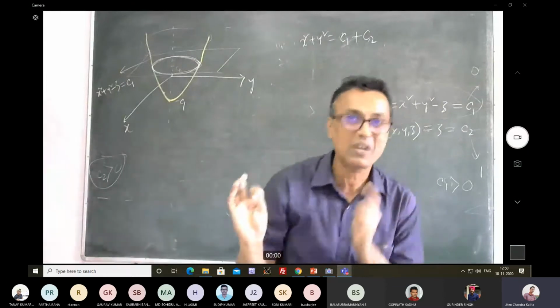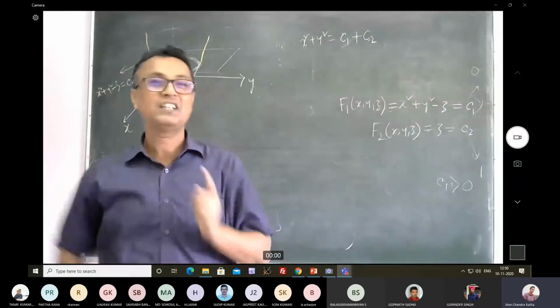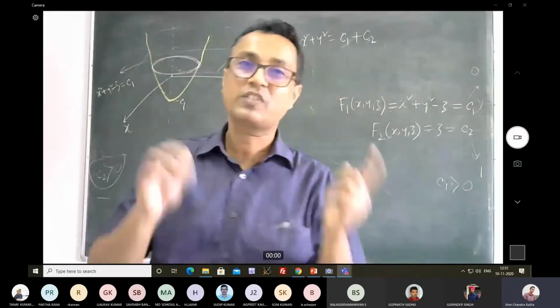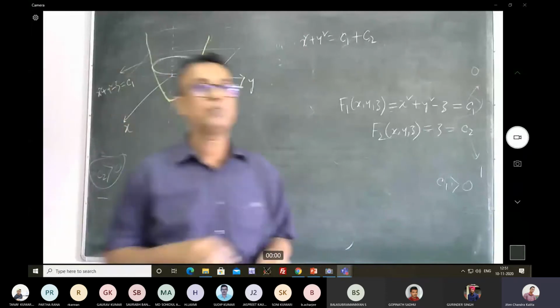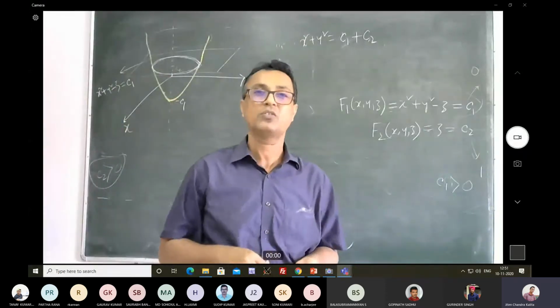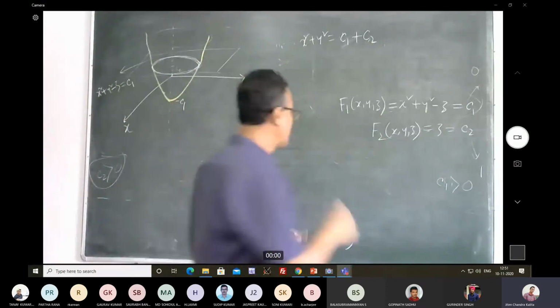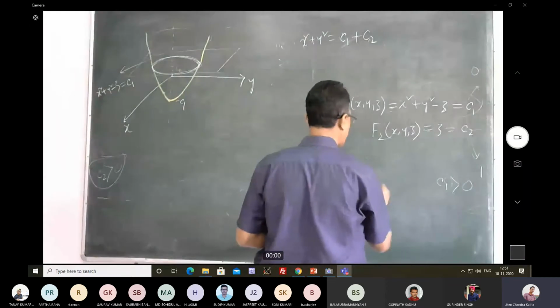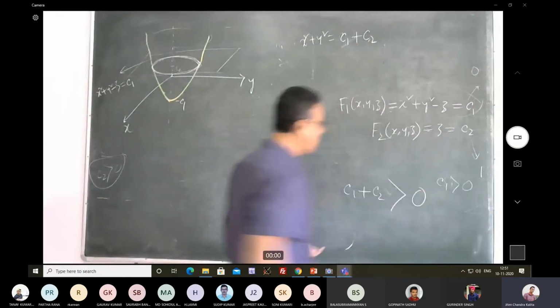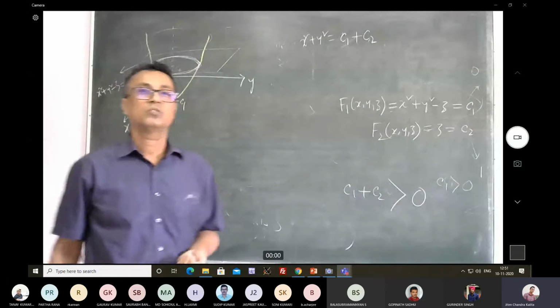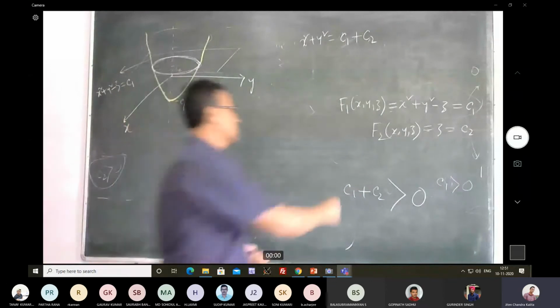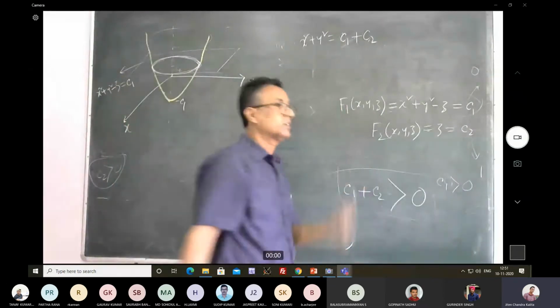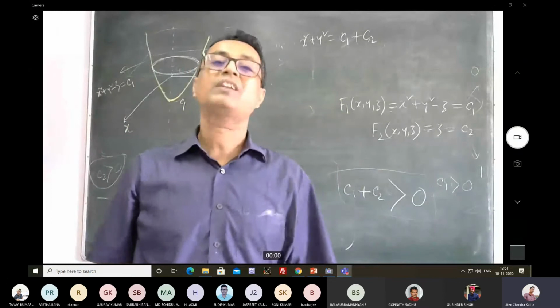So that gives me one condition. Although here, for the sake of visualization, I have taken C1 and C2 to be greater than 0, what I simply need is C1 plus C2 to be greater than 0. So by choosing this, you can choose C1 and C2 individually.